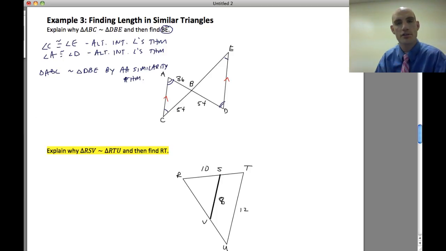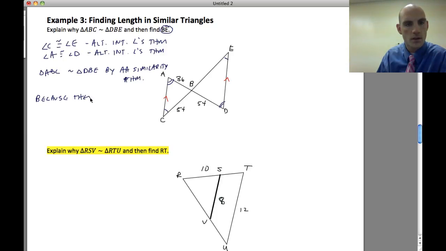So the triangles are similar, which means they have congruent angles and proportional sides.